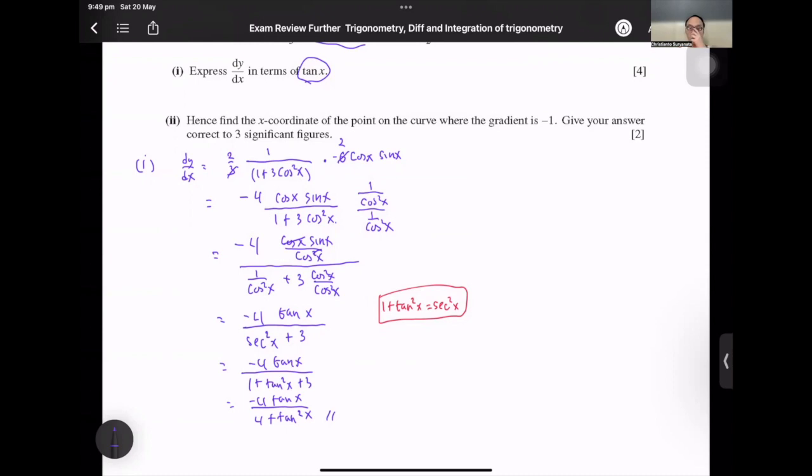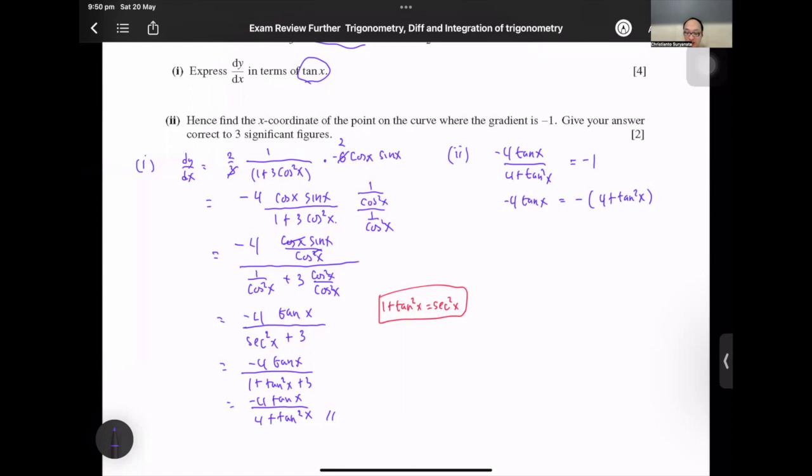Part ii. Hence, find the x-coordinate of the point of the curve where the gradient is negative 1. Give your answer correct to 3 significant figures. The gradient is negative 1, so we can use the answer in part i. The gradient is negative 4 tangent x over 4 plus tangent square x equals negative 1. We cross multiply: negative 4 tangent x equals negative (4 plus tangent square x).